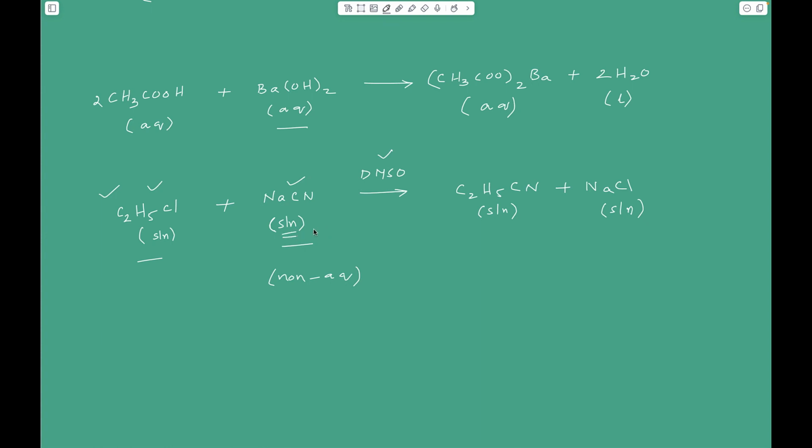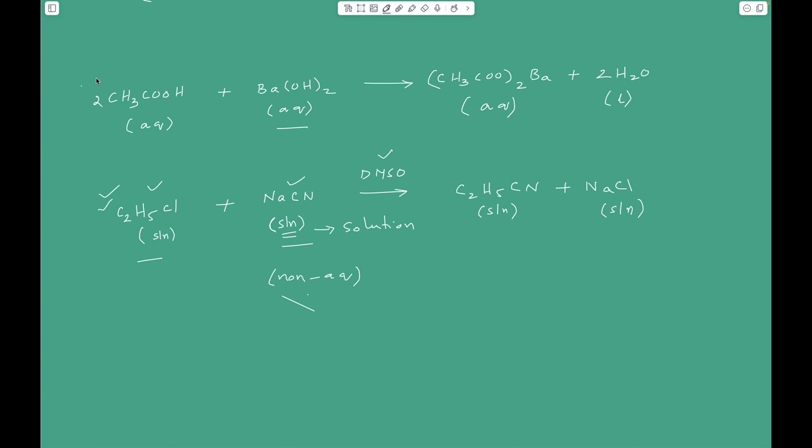SLN is an abbreviation for the word solution. So, to indicate a non-aqueous solution, either write non-AQ or SLN below its formula. So, this is an example of a chemical reaction taking place in a non-aqueous solution.